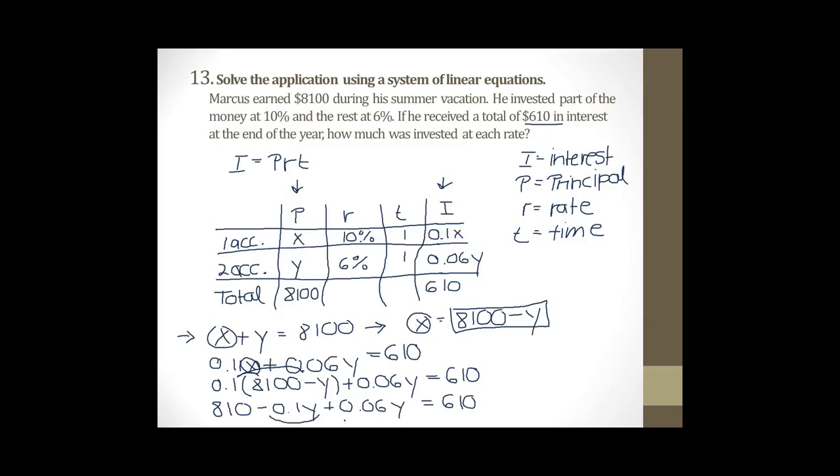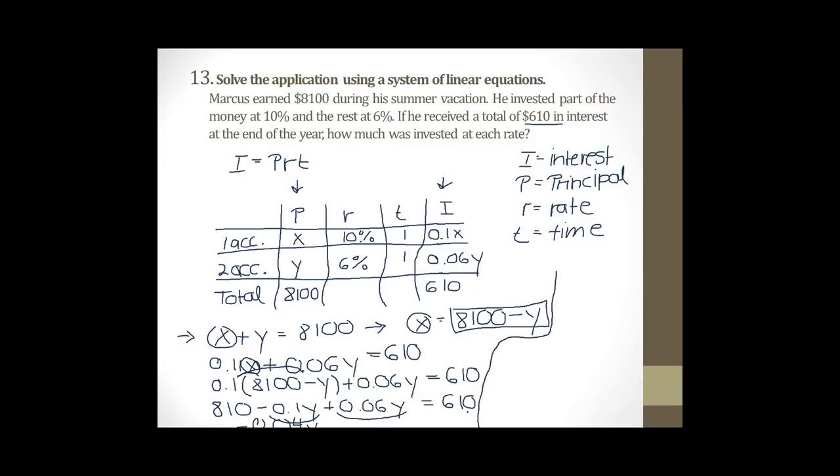Okay, combining like terms right here gives me, oops, I really don't have any space here, negative 0.04, right? Let me know if I'm doing something wrong here. I'm just guessing. No, I know what I'm doing. Okay, it's negative 0.04y.